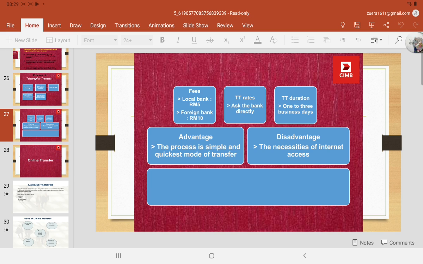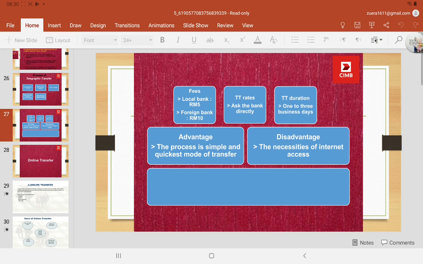Okay, so for the fees involved, this is an example from CIMB Bank. They will charge for a local bank, for example, RM5. For a foreign bank, they will charge RM10 to the customers. Then we have certain rates that are asked by the bank directly to the customers.